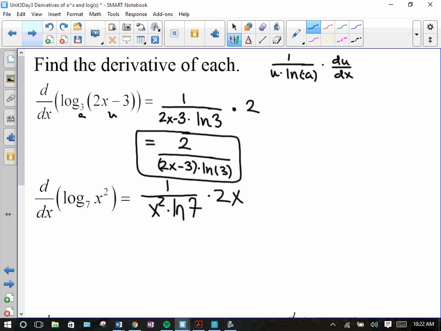Simplify that, you just multiply: 2x over x squared times natural log of 7. Simplify one more step and you get rid of the x on top and one x from the x squared.